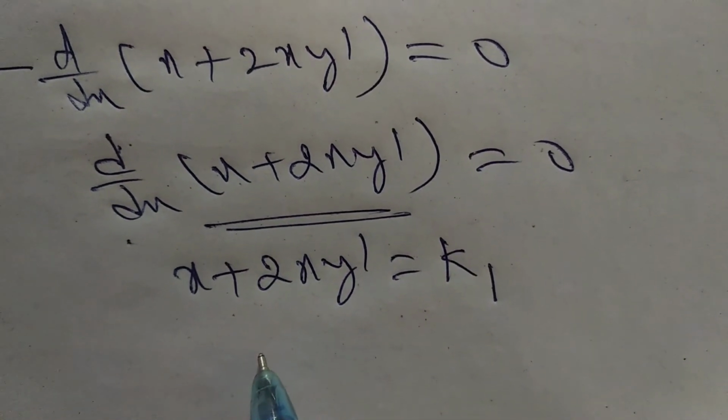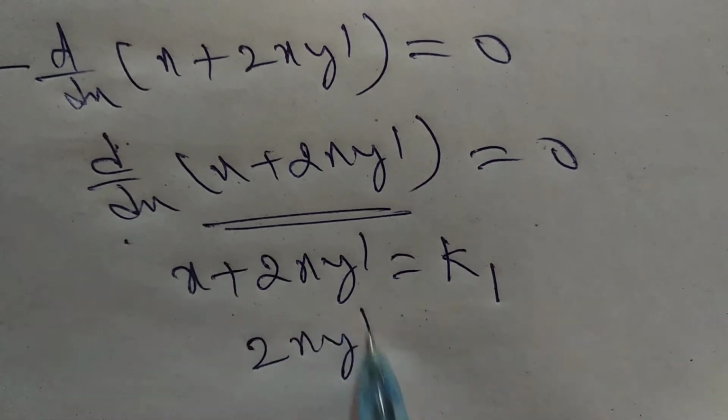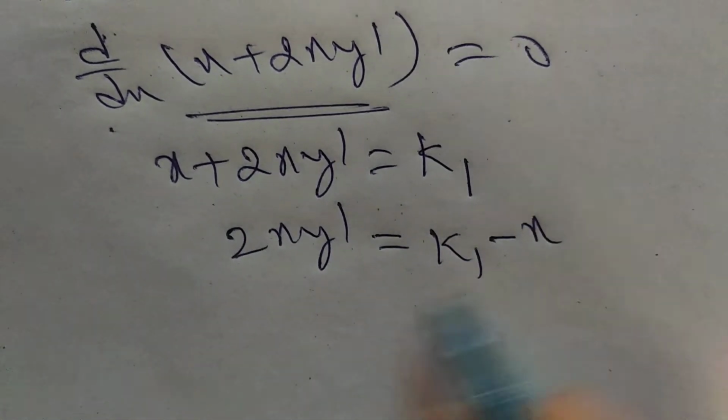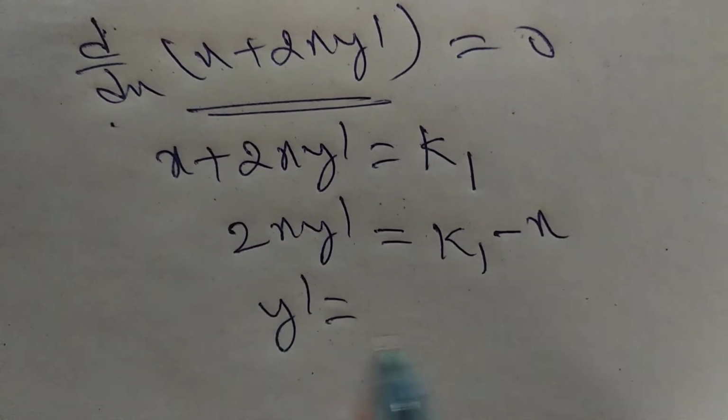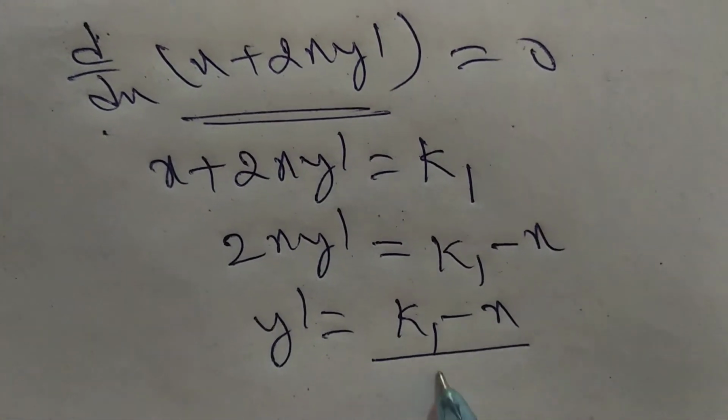This can be written as 2x y' = k1 − x, taking x to the right-hand side, or y' = (k1 − x) / 2x.